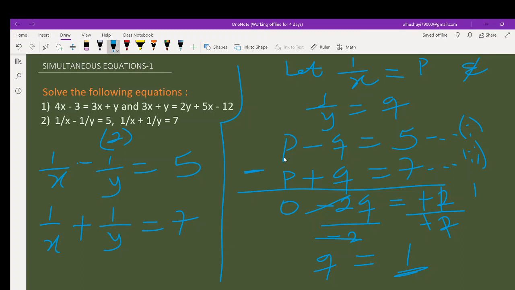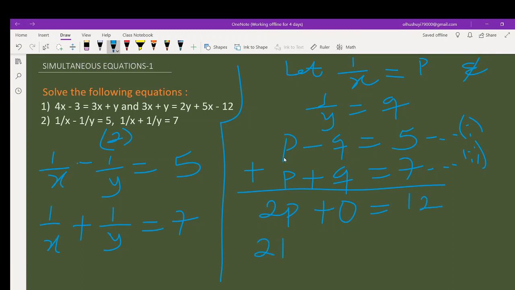Now that your q is 1, let's eliminate q now so that we get p. We eliminated p, right? Our q is 1, don't forget. So now, putting an addition sign here, this becomes 2p minus q plus q, that is 0. 5 plus 7, that is 12.